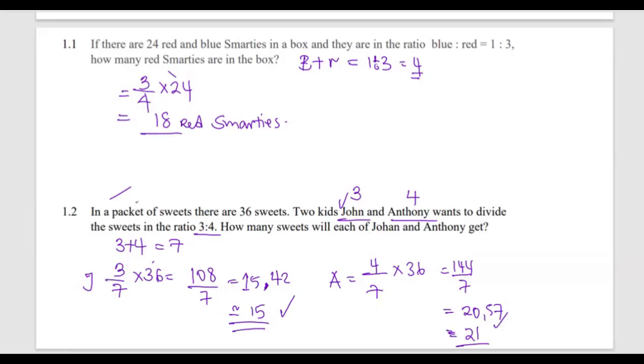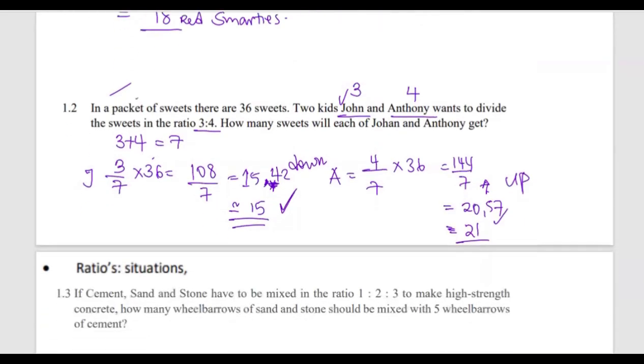Here I had to round down because this was less than 5. Here it's above 5, so I rounded it up. Why do we round to whole numbers? Because you can't have half a sweet. We need whole sweets. Okay.